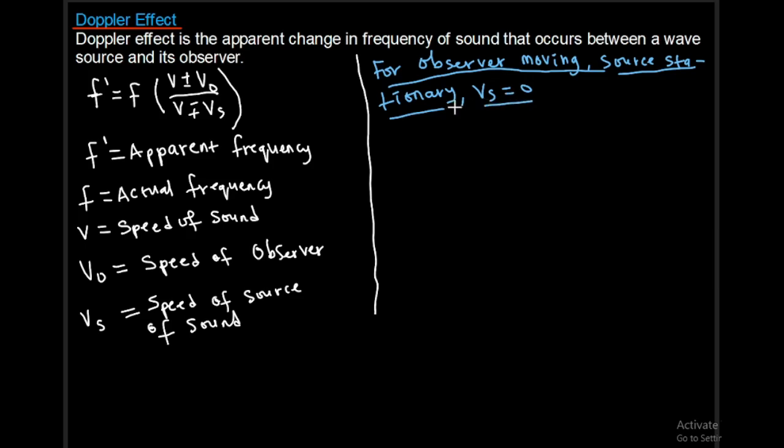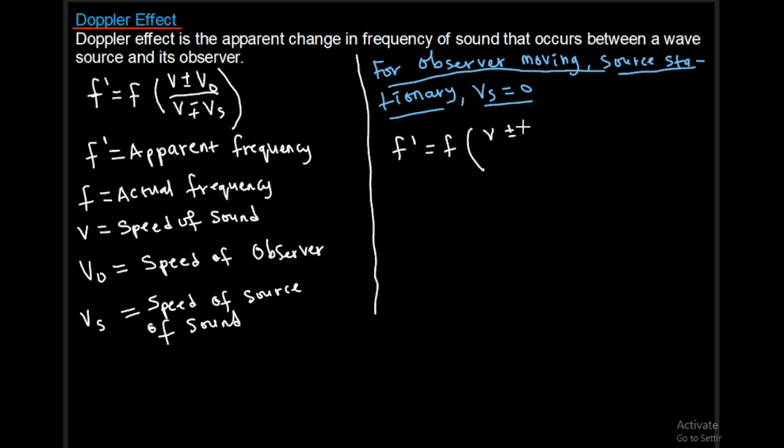The velocity of the source will be equal to what? 0. So what will now be our equation? Our apparent frequency will be equal to the actual frequency multiplied by the velocity of sound plus or minus the velocity of the observer. Do we have the velocity of the observer in this case? Yes, the observer is moving.